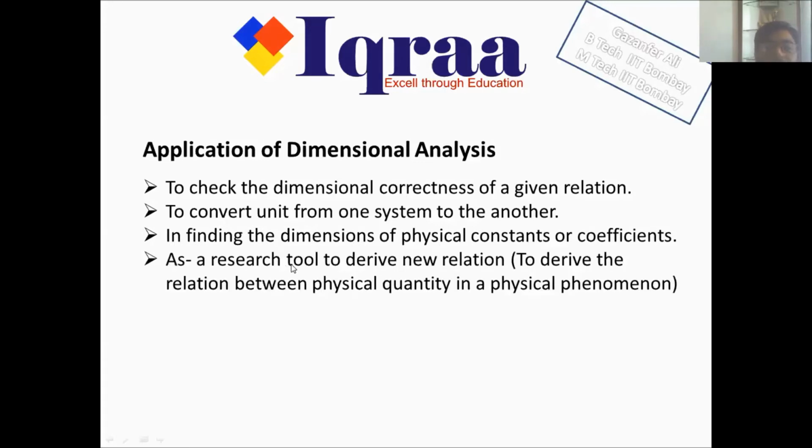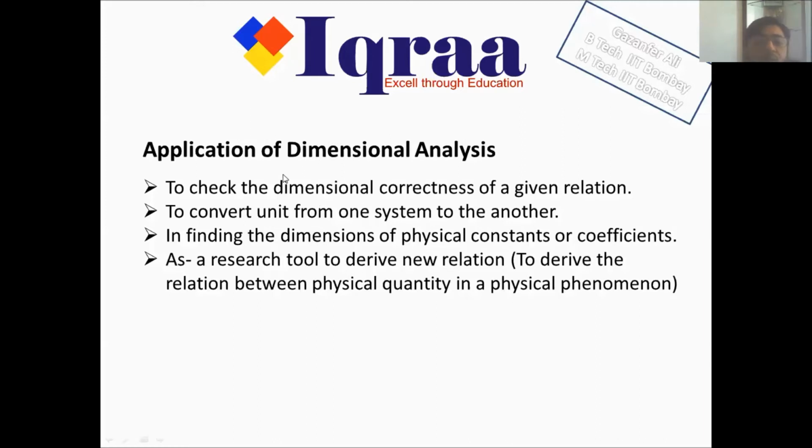And the last, as a research tool to derive a new relationship, that is to derive the relation between physical quantities in a physical phenomenon. These are a few of the applications of dimension analysis. Actually, in engineering, dimensional analysis plays a very huge role when it comes to simulation and deriving relationships between two new physical quantities and exploring physics or astronomy or, let's say, the universe.